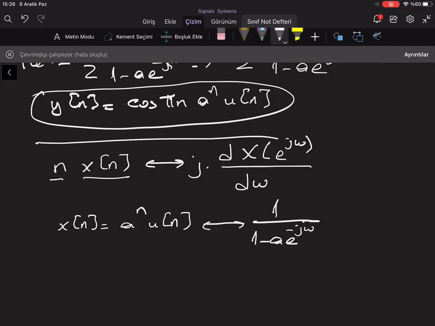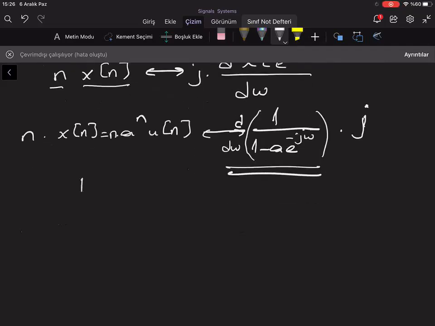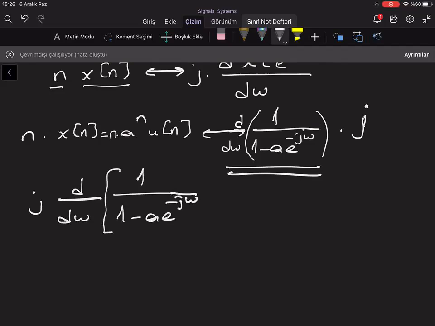If I have n times this, then I should take the derivative of this and then multiply by j. Okay, so this is how I should approach this problem. For example, the derivative of 1 over 1 minus a e^(-jω). How do I perform this derivative?